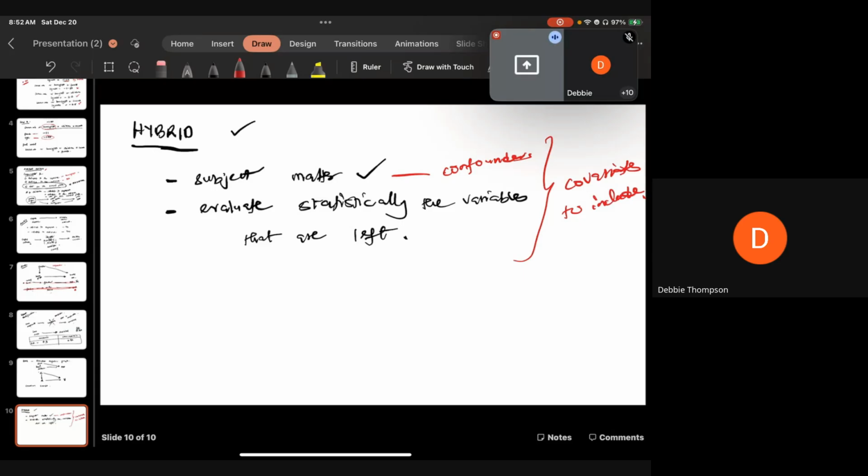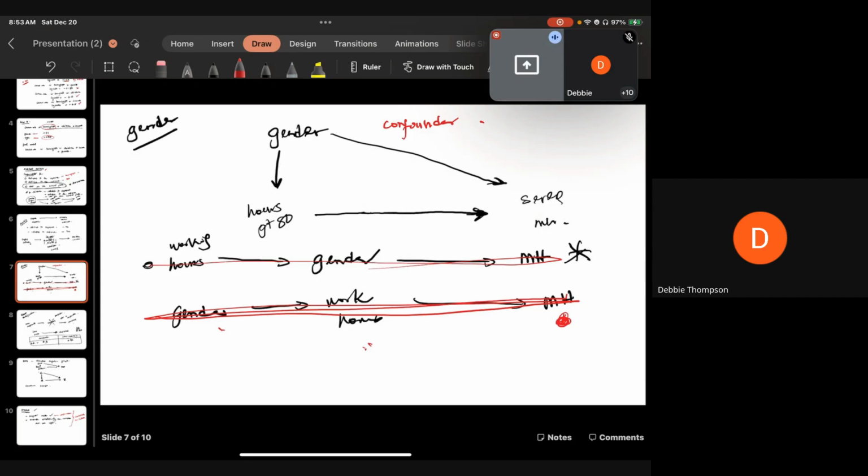But with the subject matter approach, it's a little bit of fuzziness, right? If you remember, as we were going through the example, I was saying that gender, for instance, is related to severe mental illness. And some people might not agree, right? So if a person does not agree that gender is related to severe mental illness, they might not think about it as a confounder. And so their list of confounders will then be different. So there is a little bit of subjectiveness that gets introduced in the subject matter approach.